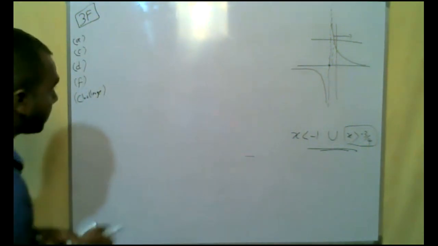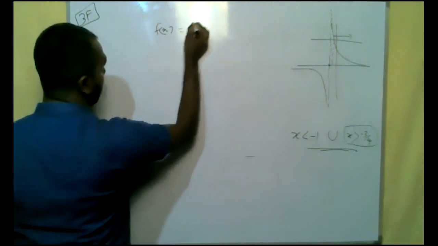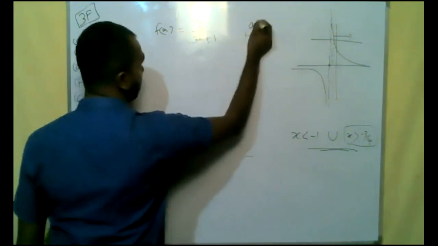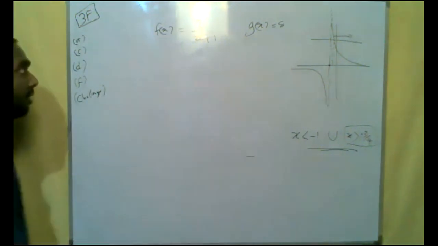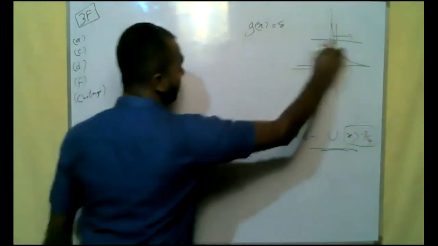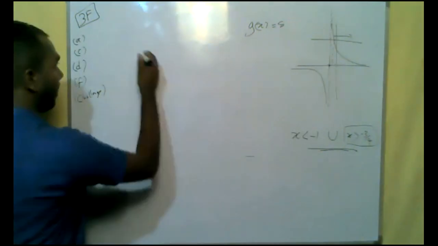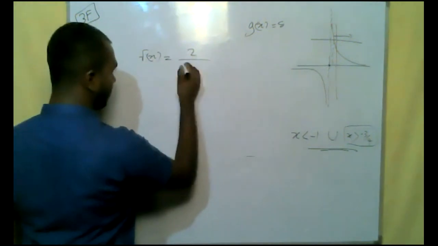Okay. So what were our values of f(x)? f(x) was 2 over x plus 1, and g(x) was equal to 8. We have no problem with g(x) because it is just a parallel line to the x-axis. But what about f(x)? It is 2 over x plus 1.